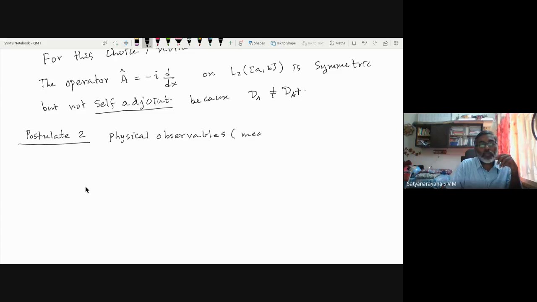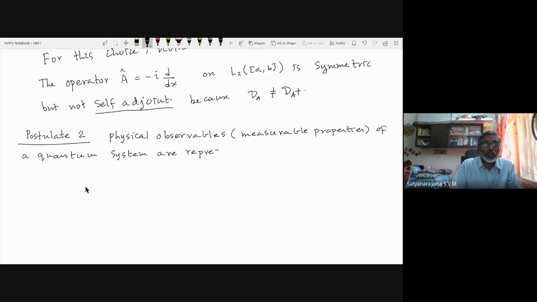They are measurable properties of a quantum system, and they are represented by self-adjoint operators acting on Hilbert space.